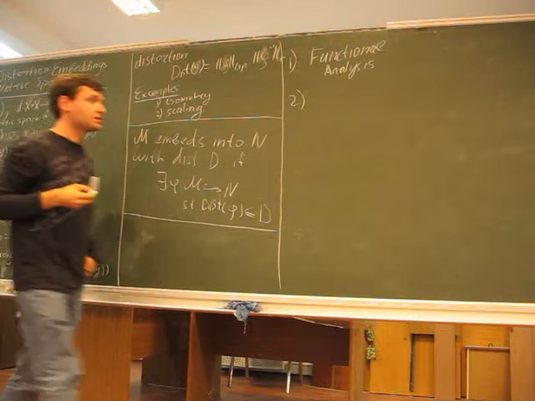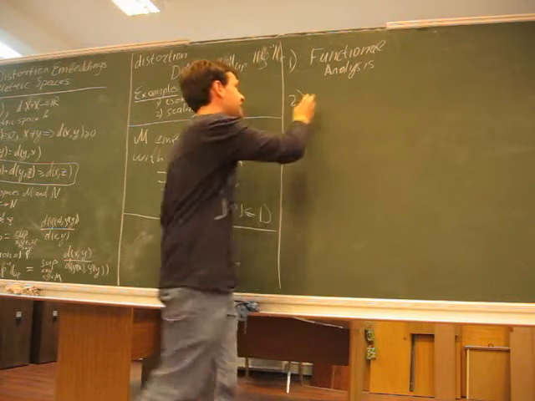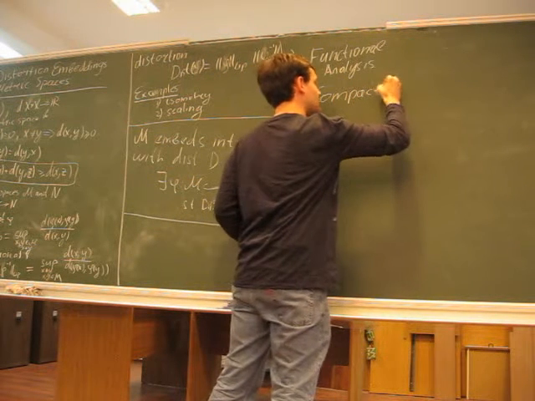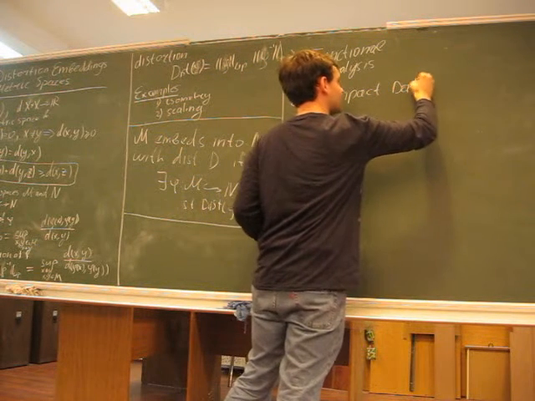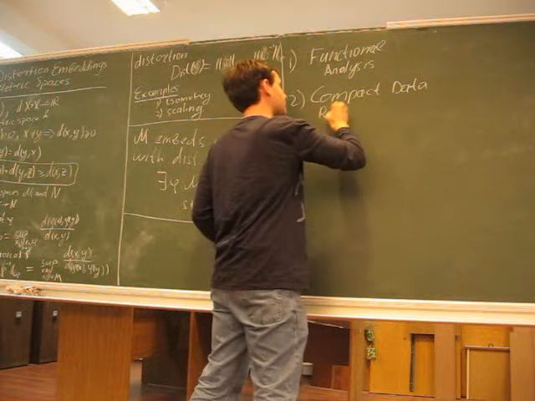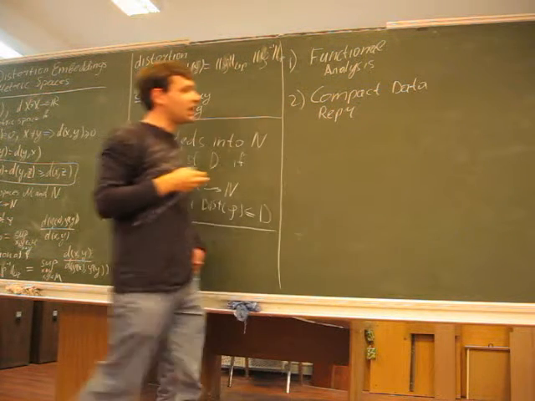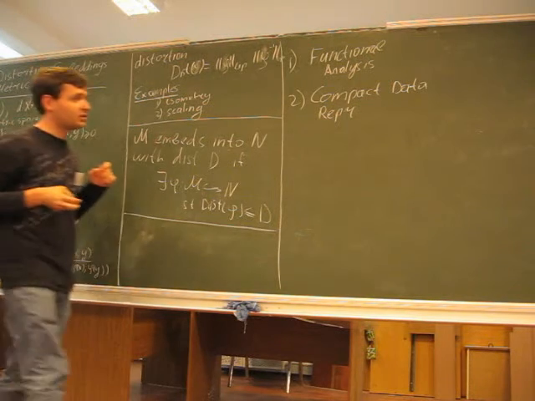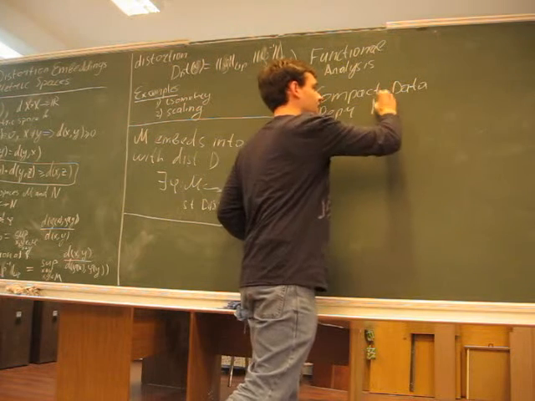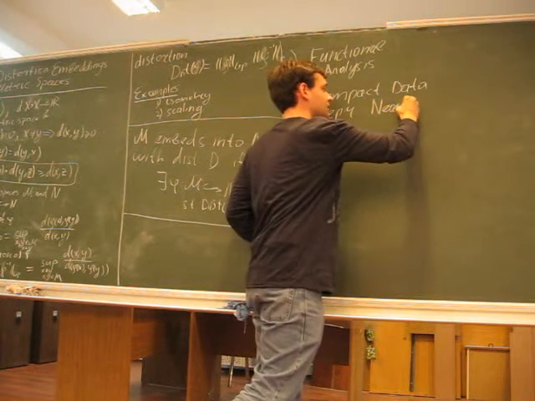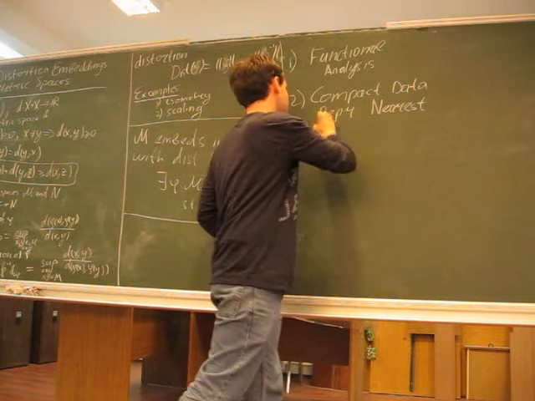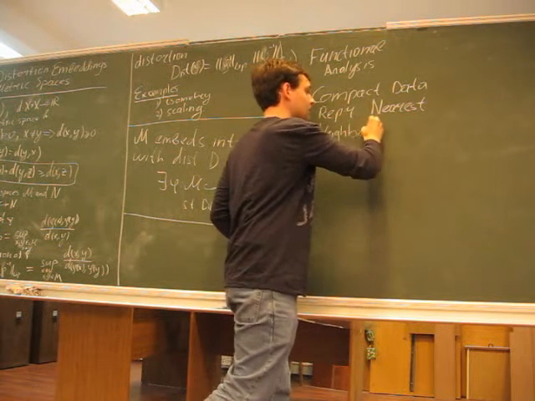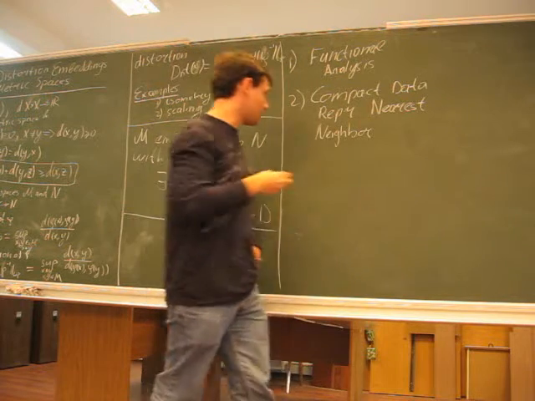One of them is compact data representation, and these areas are very related to the nearest neighbor search problem. This is the problem Yury talked about 2 days ago.